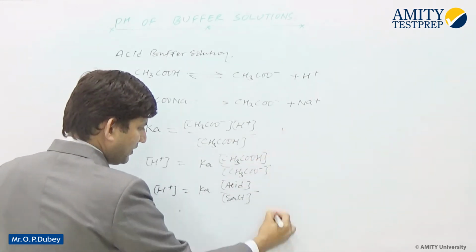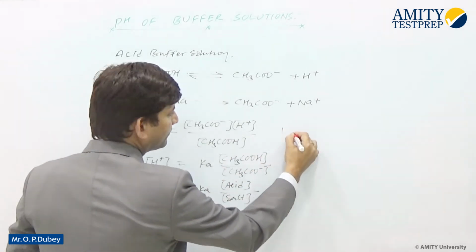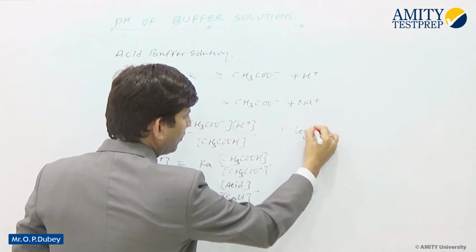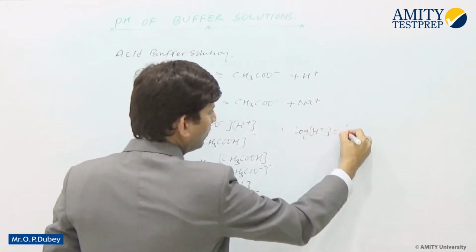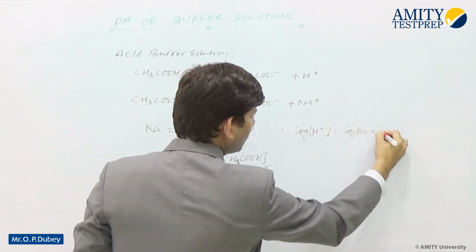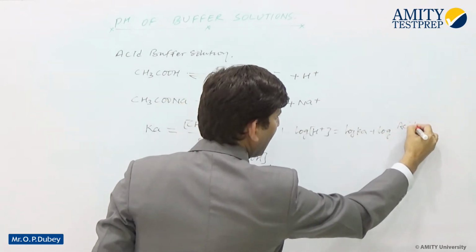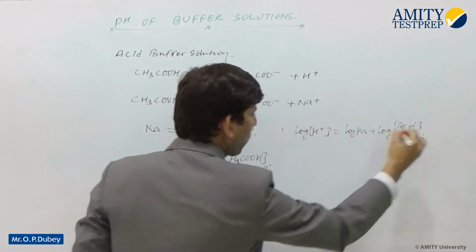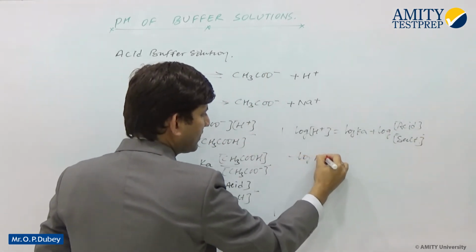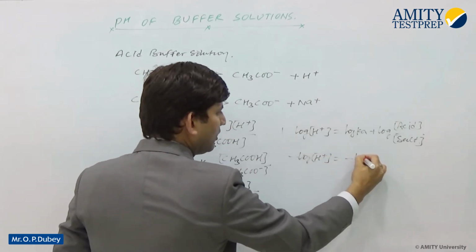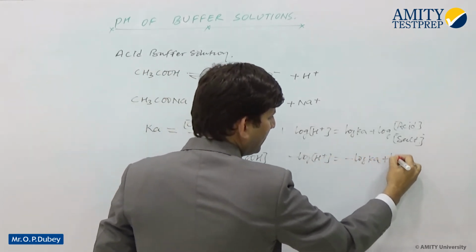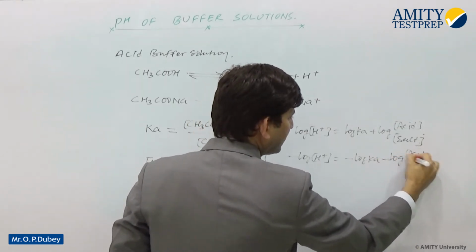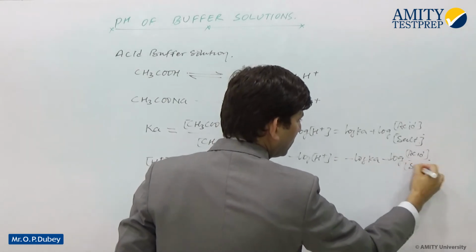Now by taking minus log on both sides, that is, minus log H plus ion concentration is equal to minus log K minus log concentration of acid upon concentration of salt.